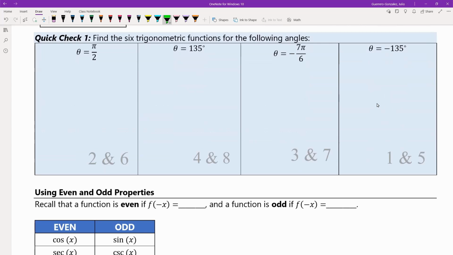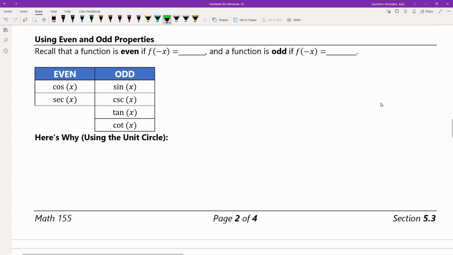Okay, moving on. You guys remember odd and even properties, right? From way back from chapter 1. A function is odd if f of negative x, if you plugged the negative x into f, and you got the negative of the original, that was odd.